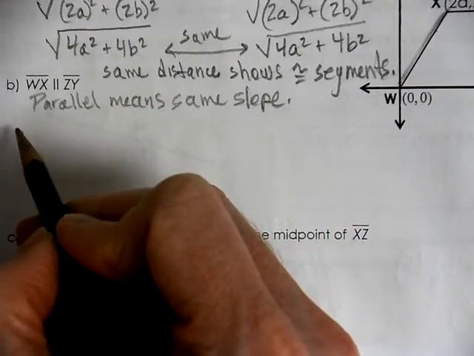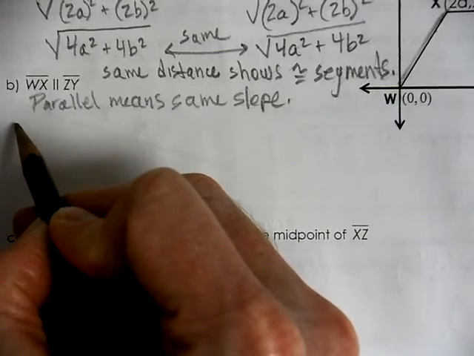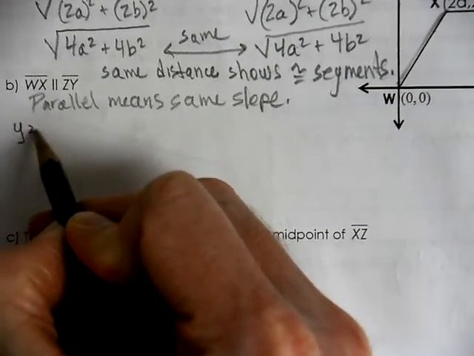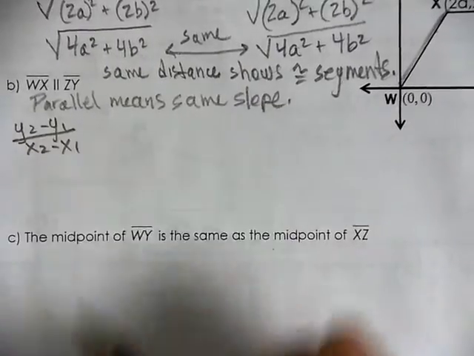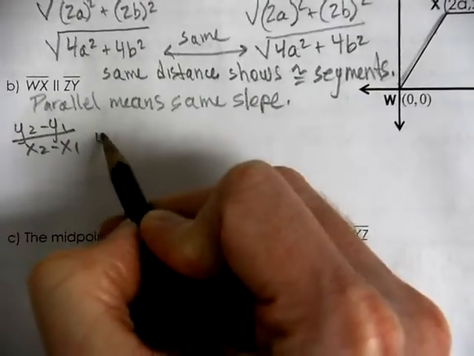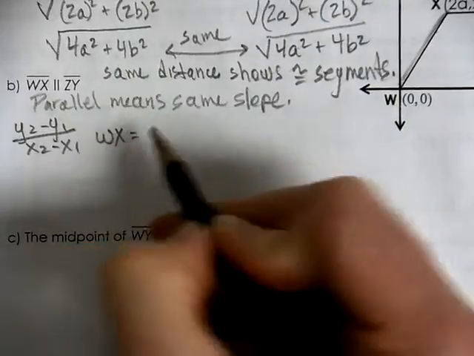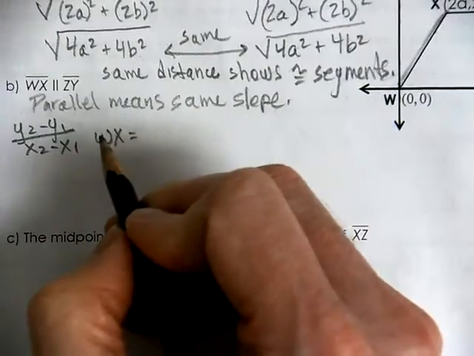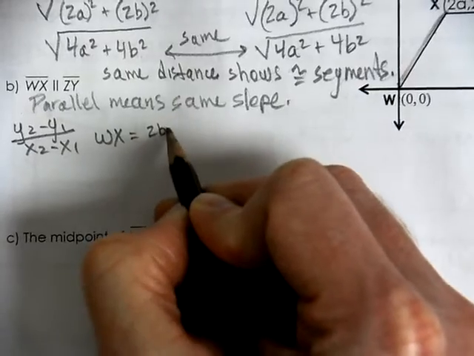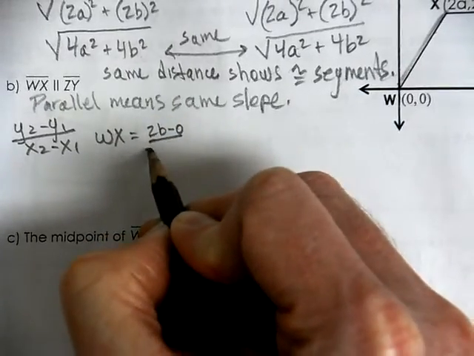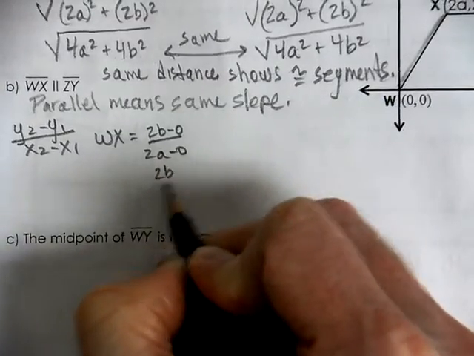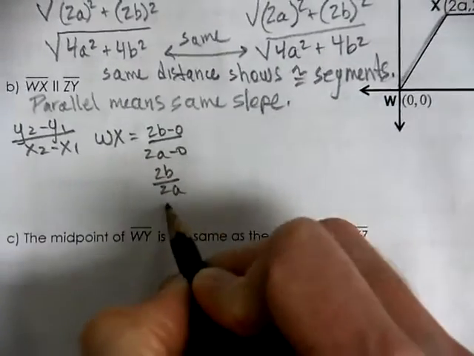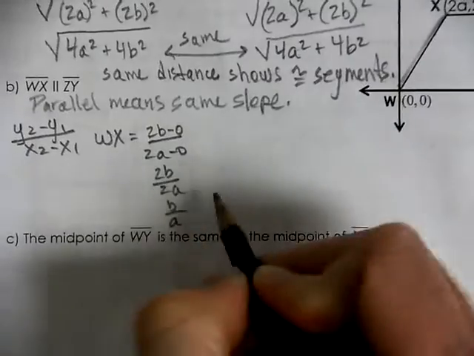So we're going to be looking for the slope, which is y2 minus y1 over x2 minus x1. So we're going to do this for WX: 2b minus 0 and 2a minus 0. That's going to give us 2b over 2a, which is b over a.